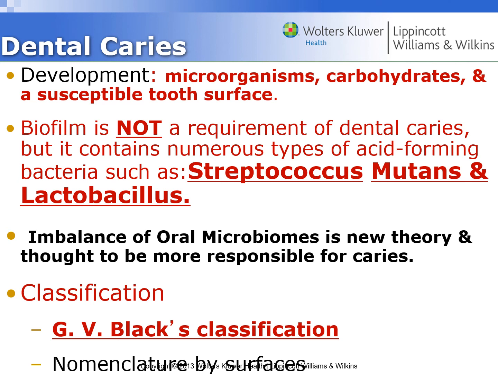So you don't have to have biofilm to have decay, but what you do have to have are those three things. You have to have some type of microorganisms, you have to be drinking or eating a lot of carbohydrates, and you have to have a susceptible tooth surface. If it's a tooth that's never being taken care of, it's more likely it has tons of biofilm.